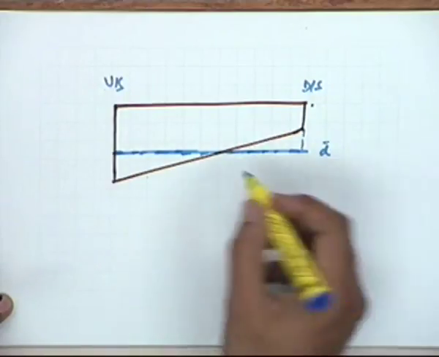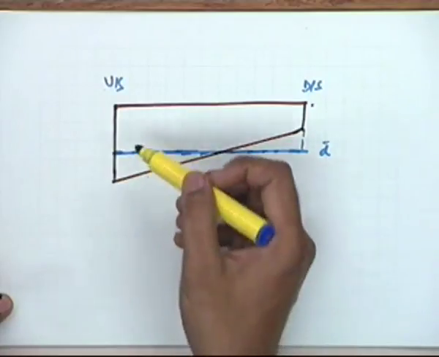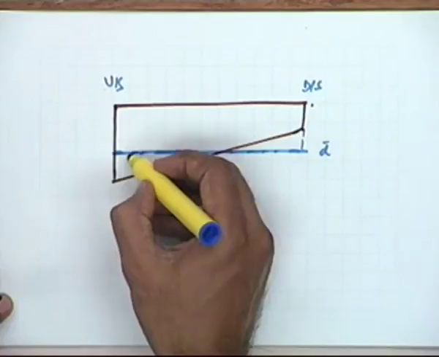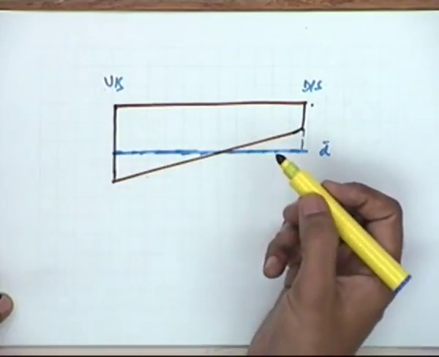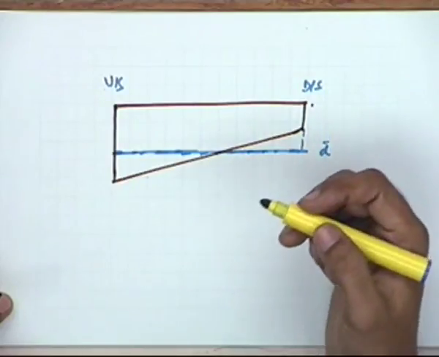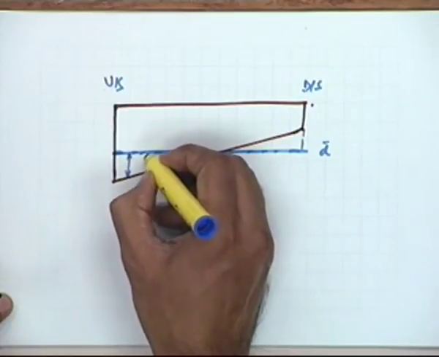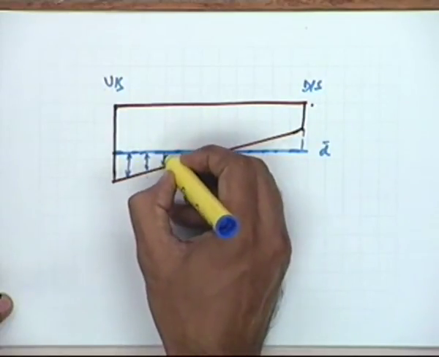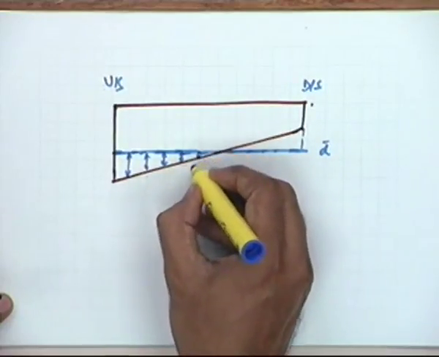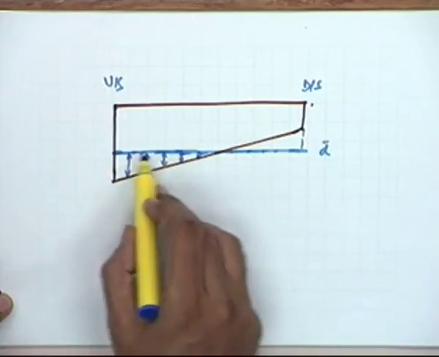And the y bar will depend on how many sections you take. The more sections you take, the value will remain the same, but the accuracy will increase. If you take the sections at this interval, you will find the deviation of the actual depth from the average depth.